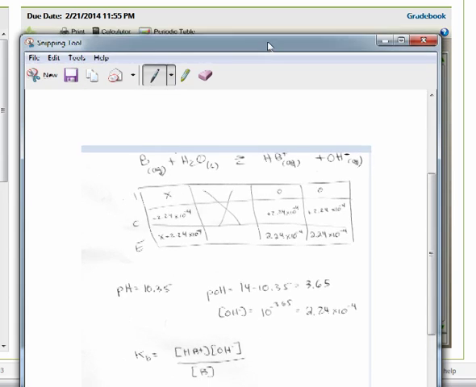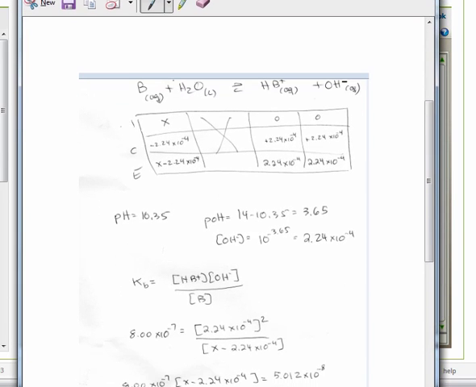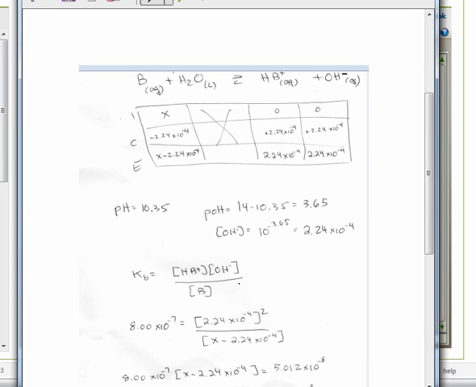So I'm going to plug all these values from my ICE chart into my Kb expression. My concentration of my conjugate acid and hydroxide is 2.24 times 10 to the minus 4. And then my concentration of my base at equilibrium is going to be whatever that initial concentration is, minus 2.24 times 10 to the minus 4.